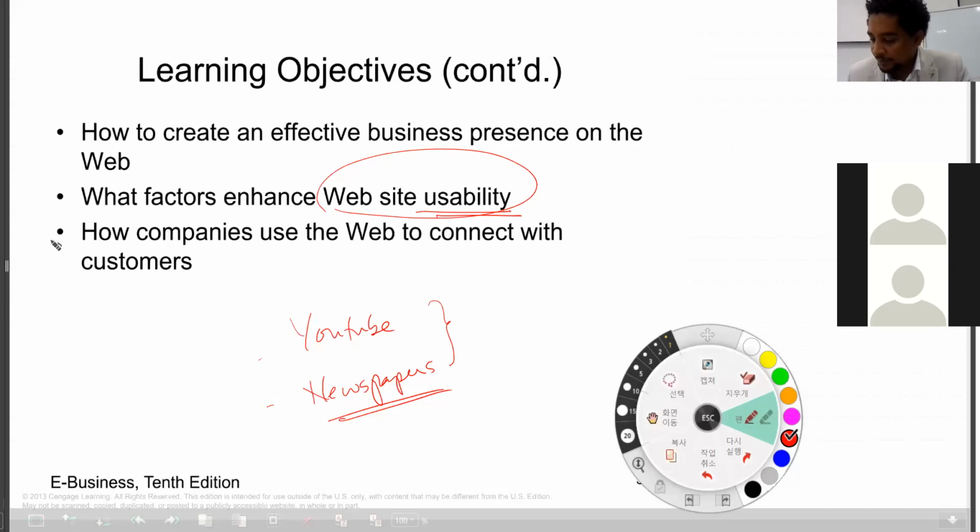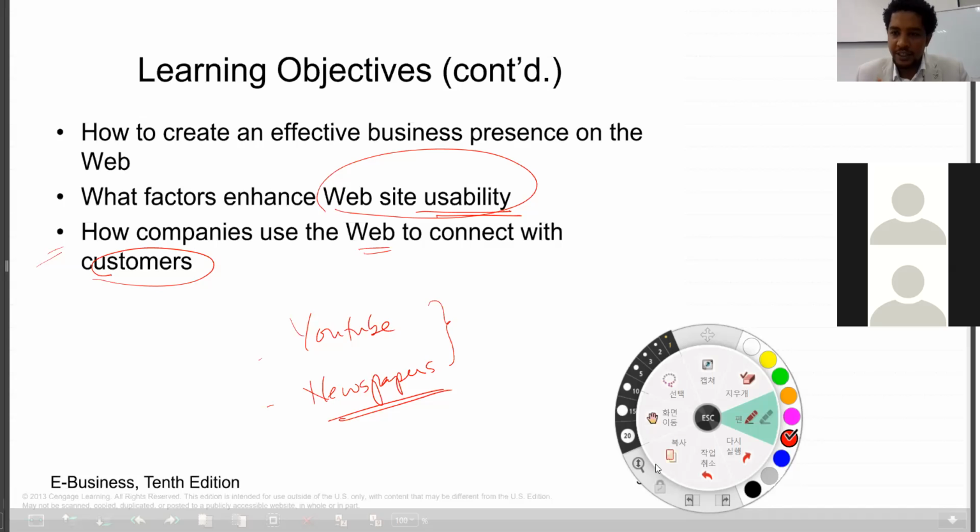And the last objective is how companies use the web to connect with the customers. So we'll look at these objectives in this chapter. Again, this chapter contains about 77 slides, so I will try to be a little bit faster.